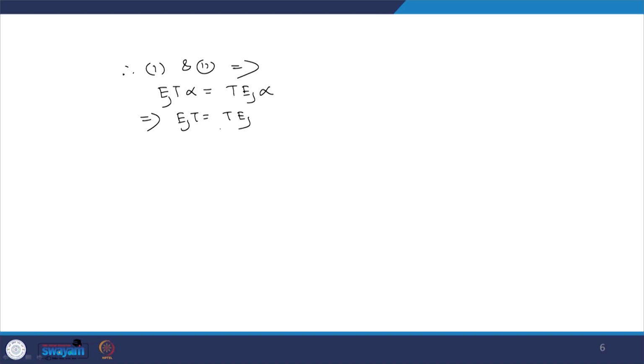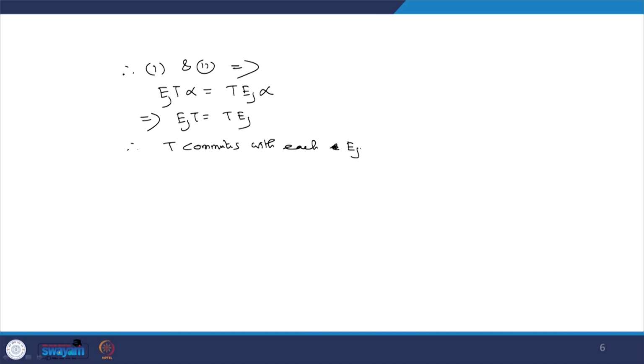So, T commutes with each E_j. So, we have seen the criteria of under what condition each subspace W_j will be invariant under T.